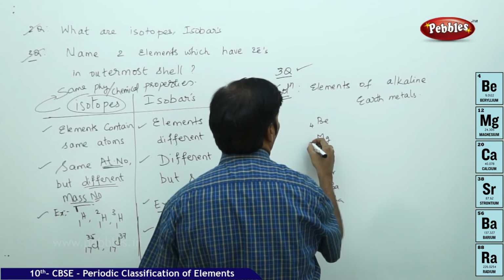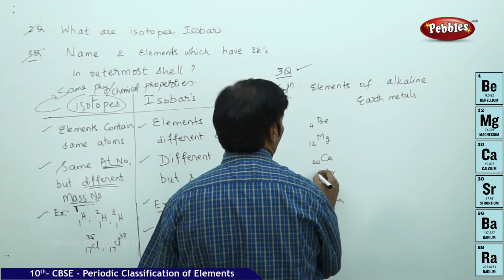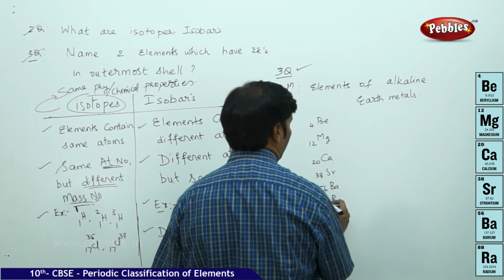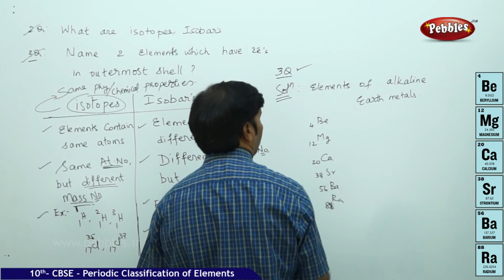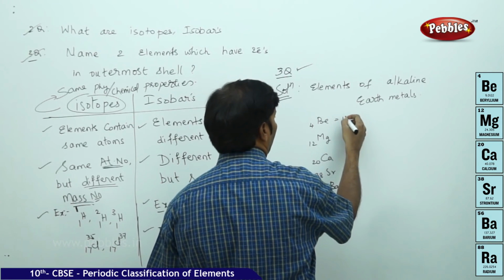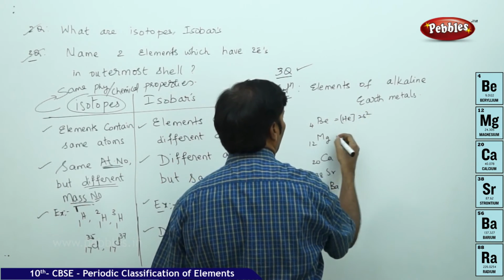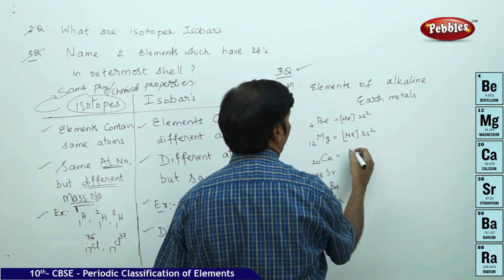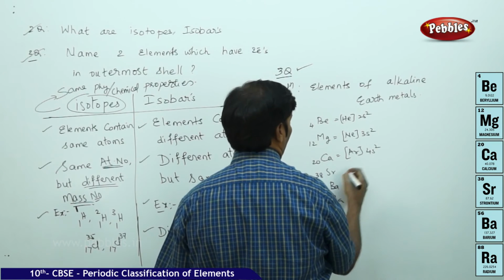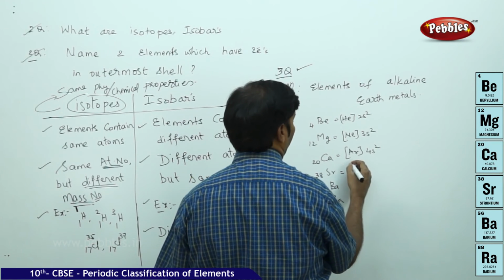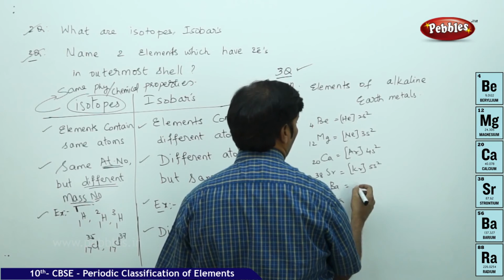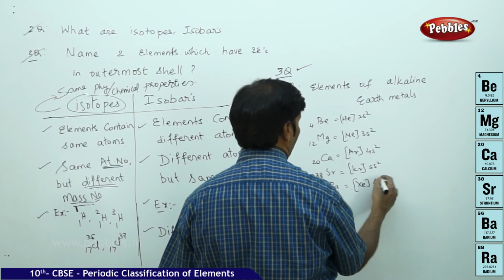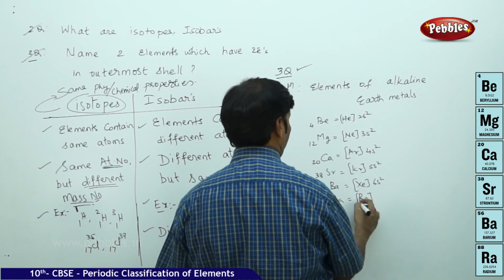Beryllium atomic number 4, magnesium 12, calcium 20, strontium 38, barium 56, and 56 plus 32, 88 is radium. So beryllium is helium 2s2, magnesium is neon 3s2, calcium is argon 4s2, strontium is krypton 5s2, barium is xenon 6s2, and radium is radon 7s2.